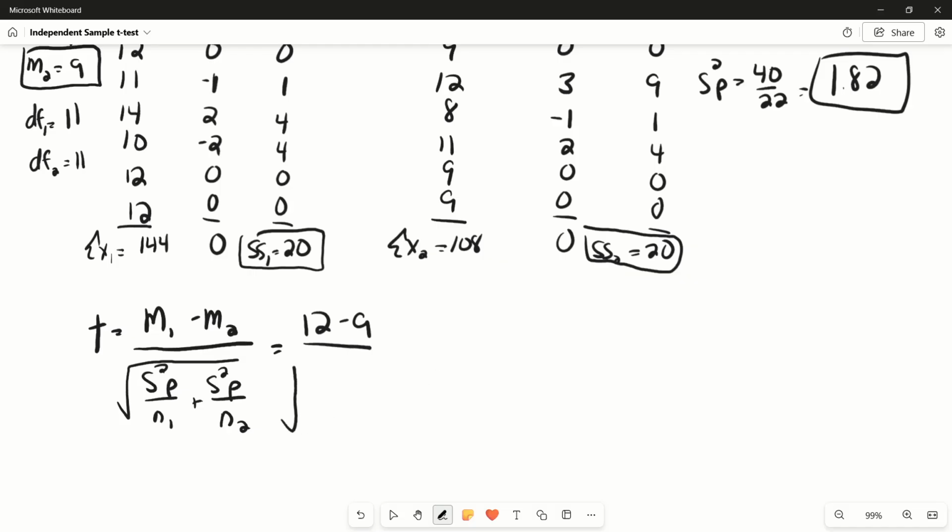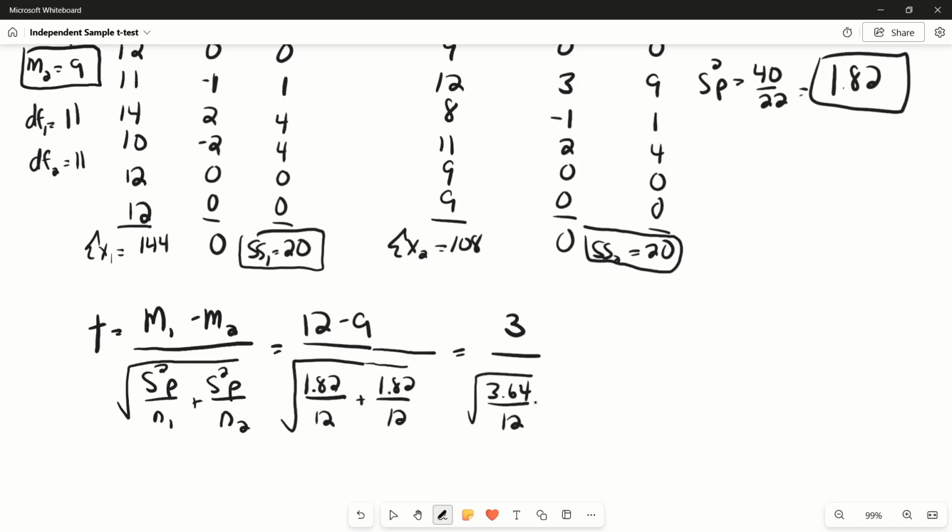The denominator is going to be 1.82 for the pooled estimate, so 1.82 over 12 plus 1.82 over 12. Since there's a common denominator of 12 here, we can add. So this is 1.82 and 1.82 is 3.64 over 12. And we're going to have to solve that.